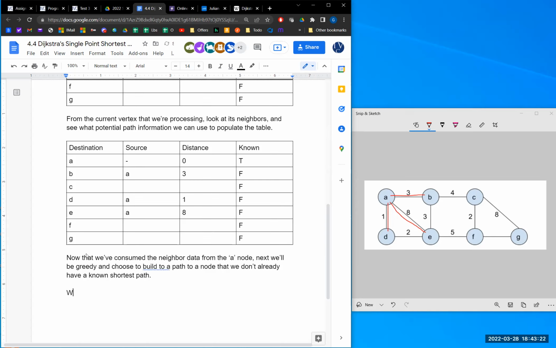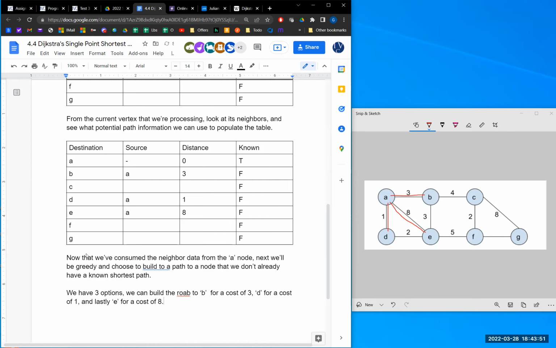All right, so we have 3 options. You can build the road to B for a cost of 3. And we have D for a cost of 1, and lastly, E for a cost of 8.